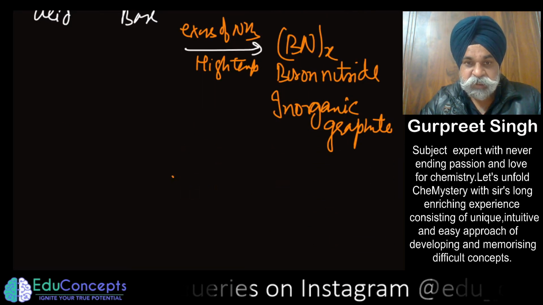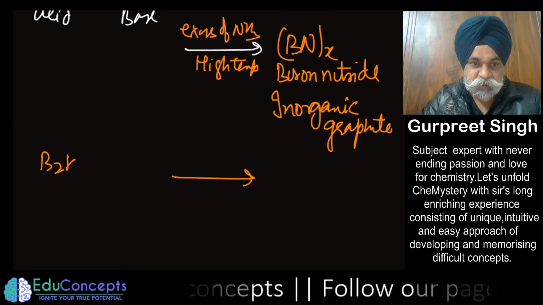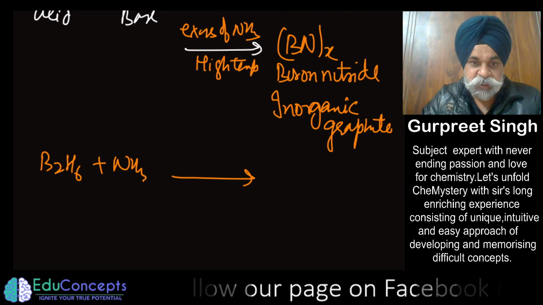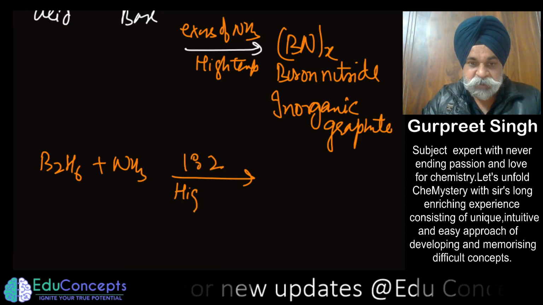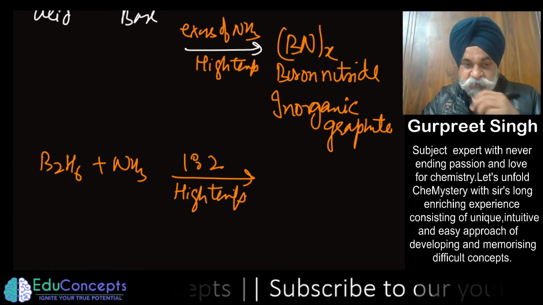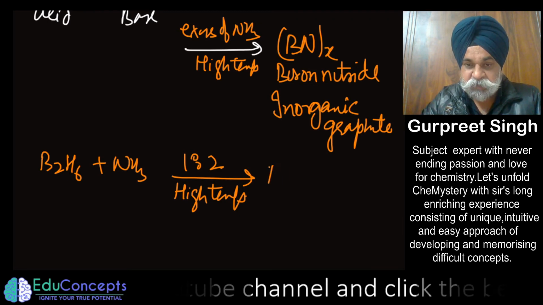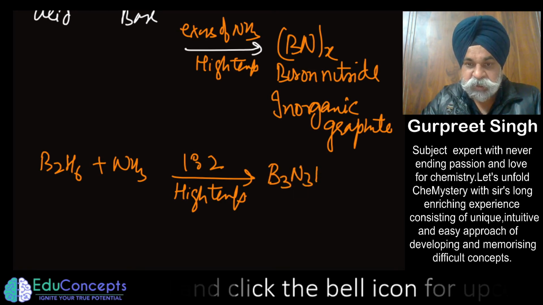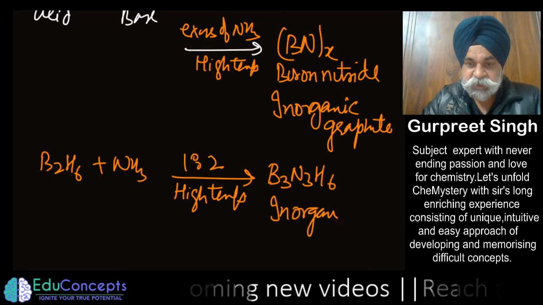Similarly, if you treat the same diborane and ammonia in a 1 to 2 ratio by volume at high temperature, stoichiometrically added, then you end up getting B3N3H6. This is called inorganic benzene.